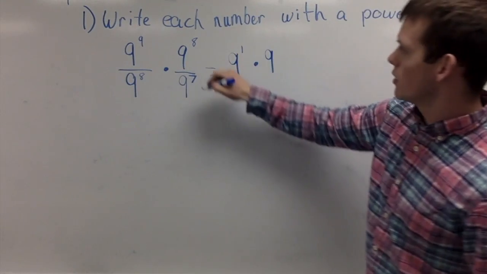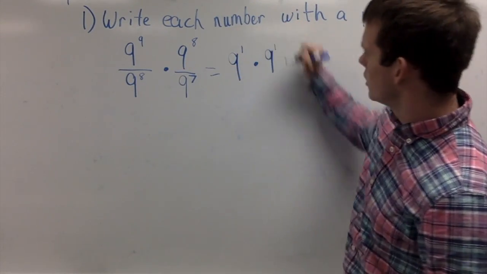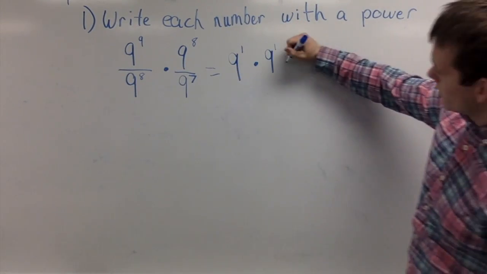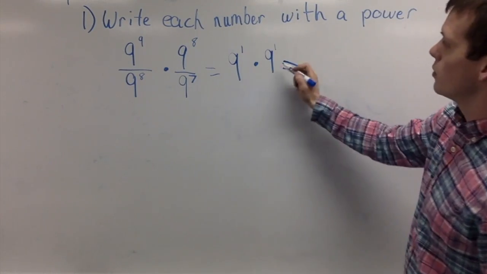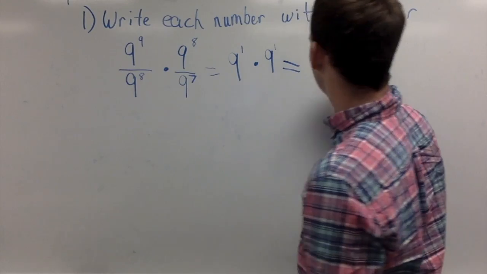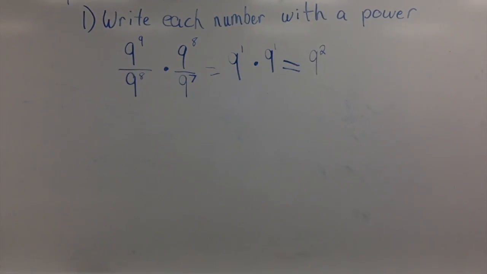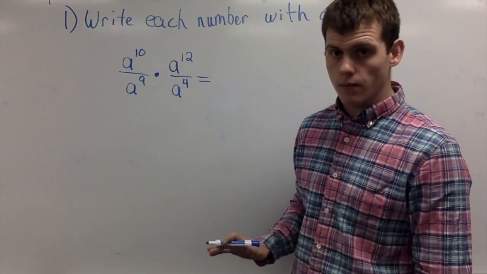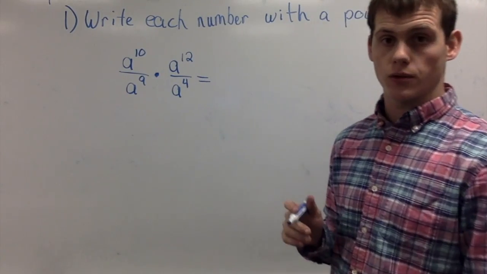So once again, 8 minus 7, 9 to the 1, which is then equal to, add the exponents, 9 to the 2nd.